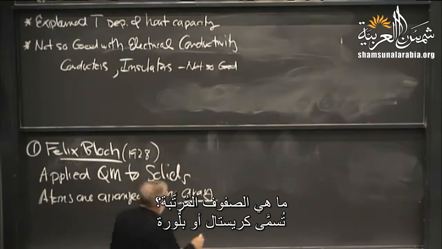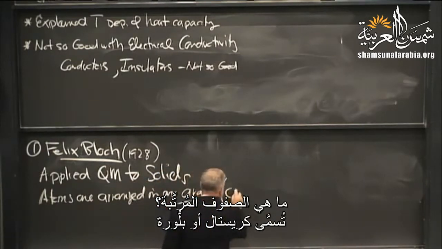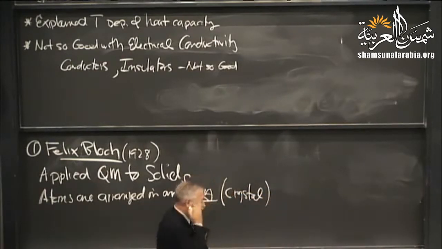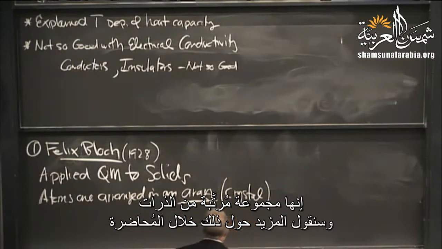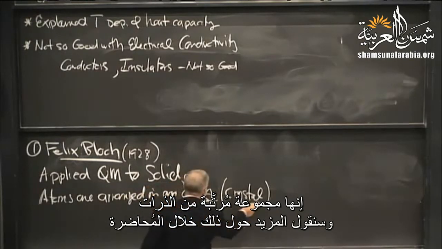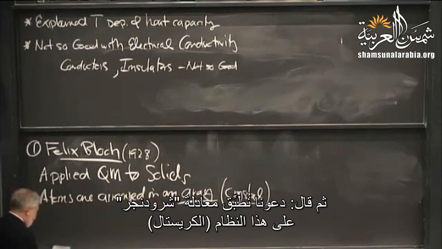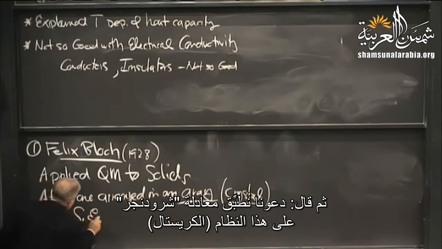What's an array? Well, it's actually called a crystal. A crystal is an ordered array of atoms, and we're going to say a lot more about that as we go along. And then he said, well, then let's apply the Schrödinger equation to this system.